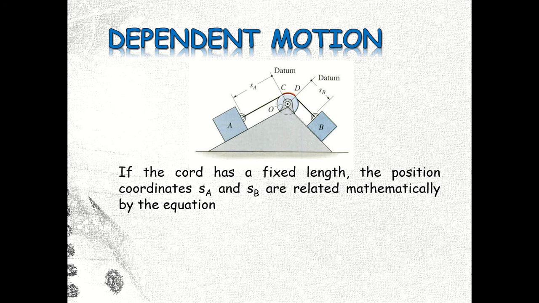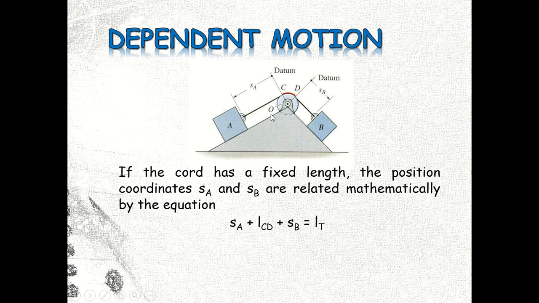So if the cord has a fixed length, the position coordinates sA and sB are related mathematically by this equation. We have sA, the length measured from this point here, just like measuring this distance.